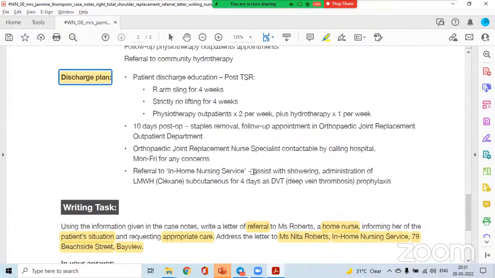So assistance with showering. This is number one that is needed. Then administration of Clexane, for 4 days, as DVT prophylaxis to prevent this one.